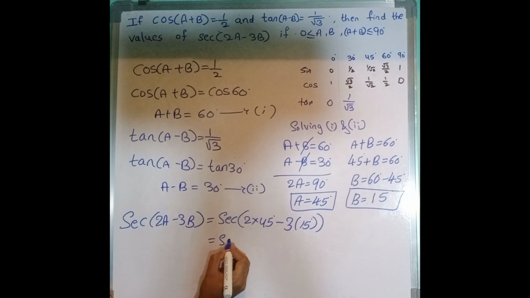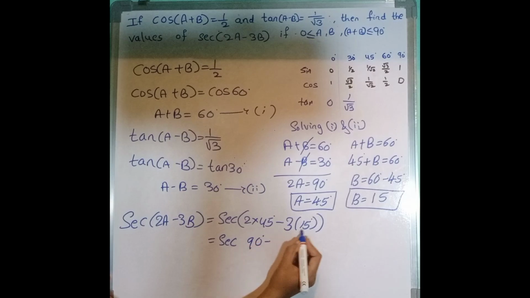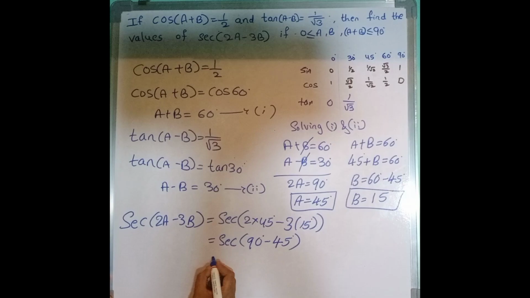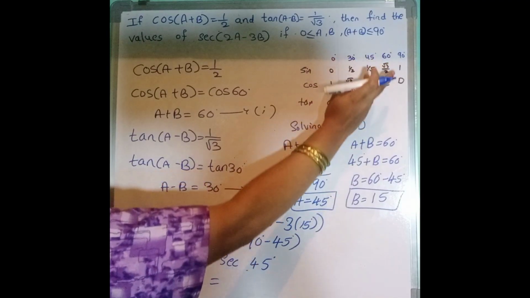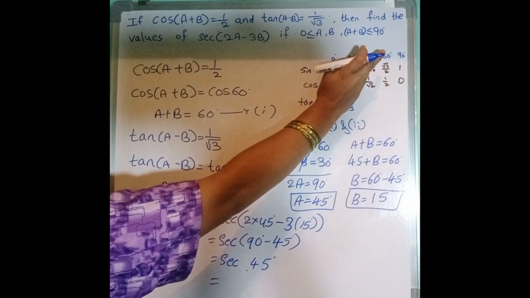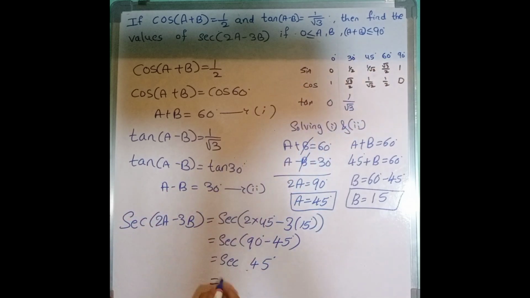This is equal to secant of 90 degrees minus 45 degrees, which is secant of 45 degrees. Cos 45 degrees is 1 by root 2, so secant of 45 degrees is root 2 divided by 1. That means root 2. Root 2 is the answer.